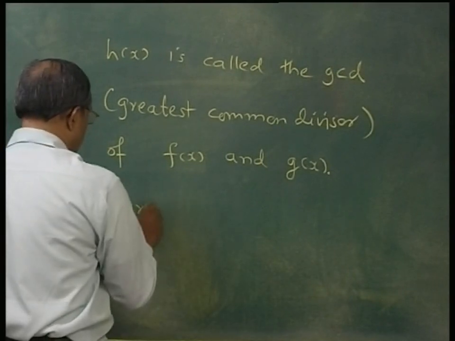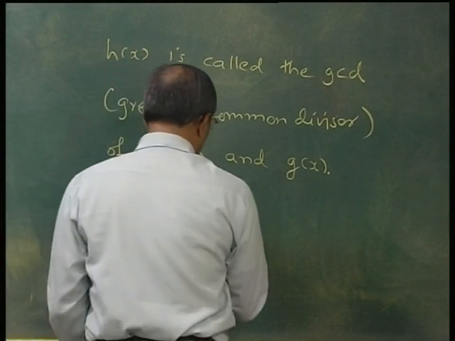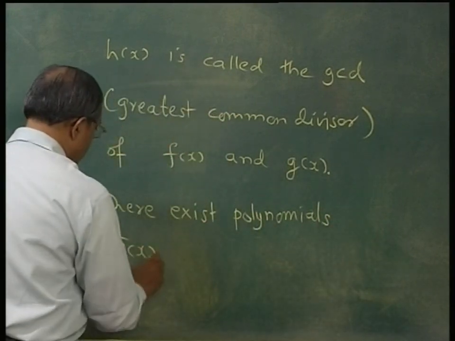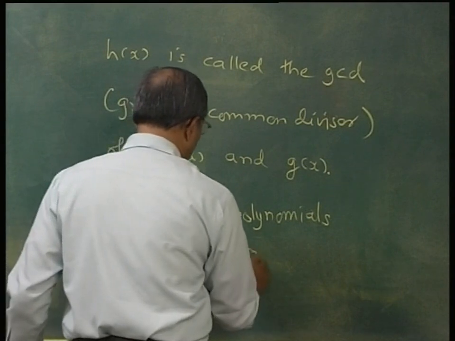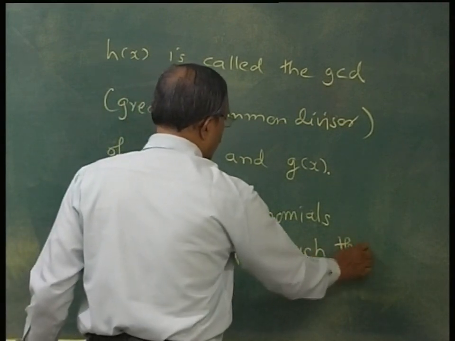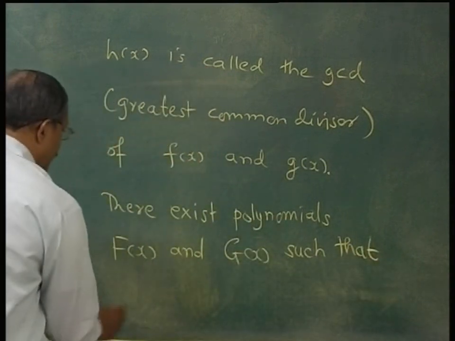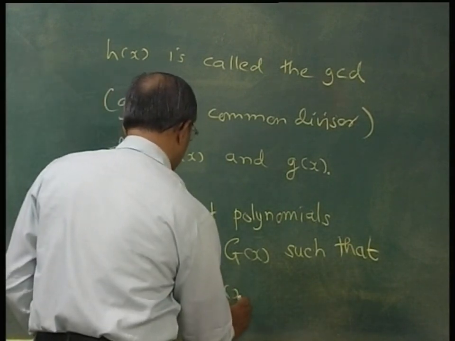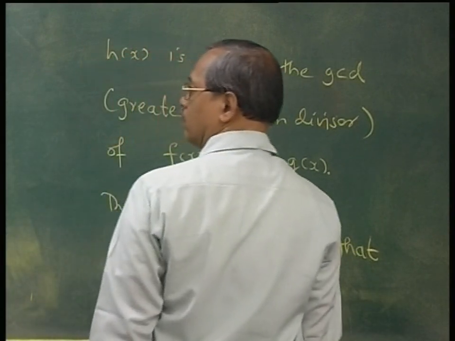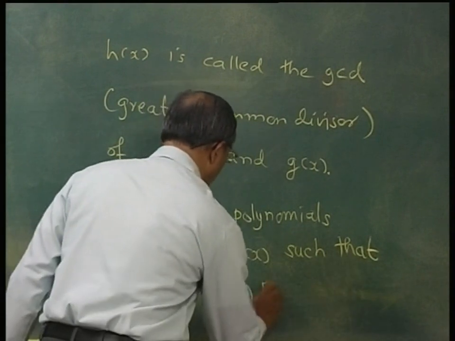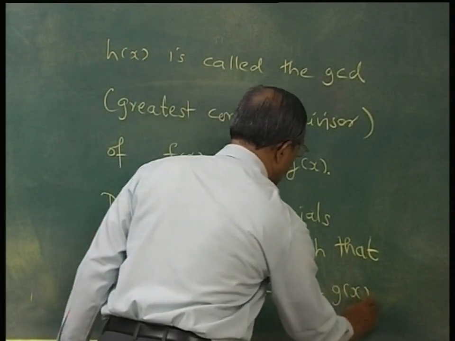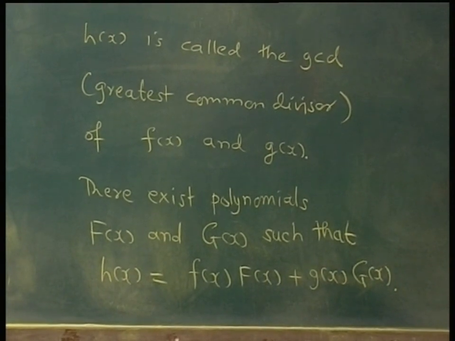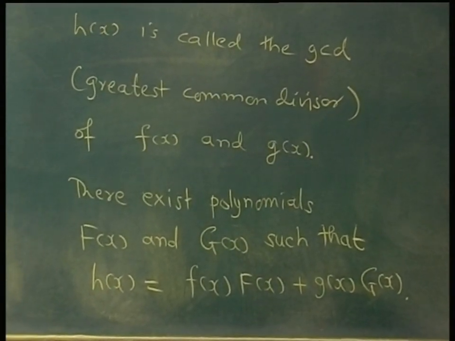There exist polynomials capital F(x) and capital G(x) such that h(x) is equal to f(x) into capital F(x) plus g(x) into capital G(x). The GCD is a combination of the given polynomials.